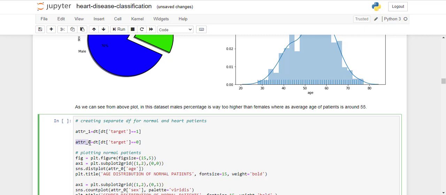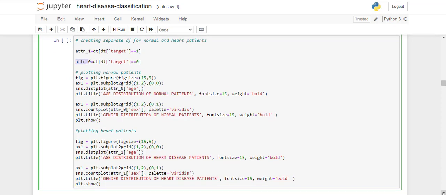And we will be plotting different features in parallel and compare the difference between normal patients and heart disease patients. First we'll be plotting age-wise and gender-wise distribution.